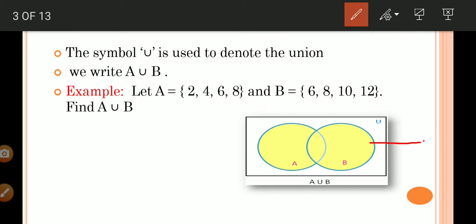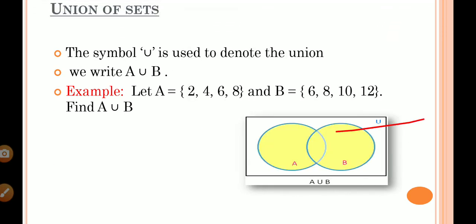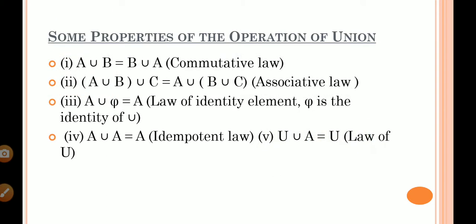Now let us move on to some of the properties of the union of sets: the commutative law, associative law, law of identity, and idempotent law. A ∪ B equals B ∪ A is the commutative law.